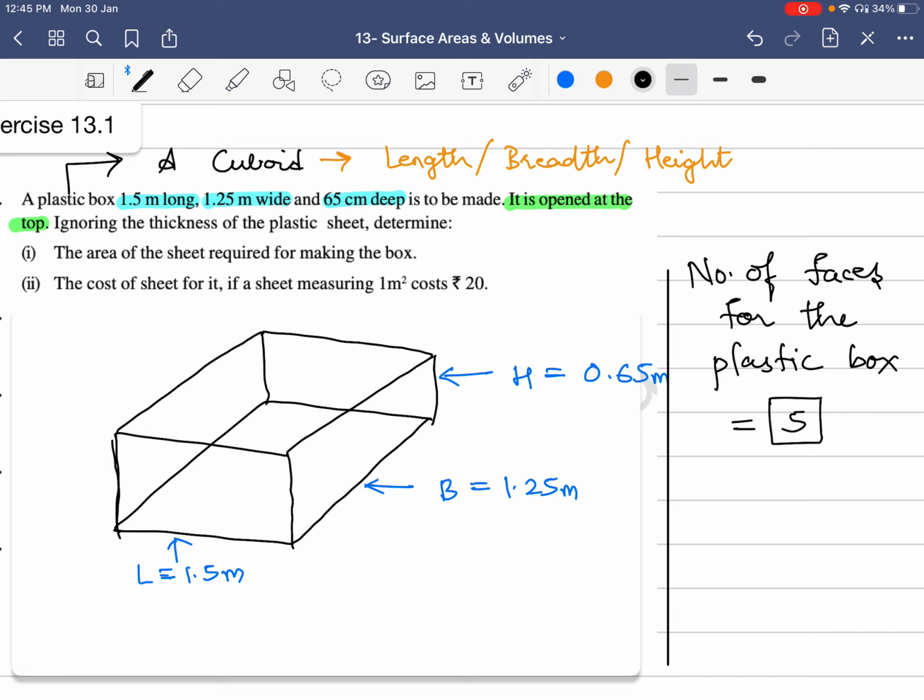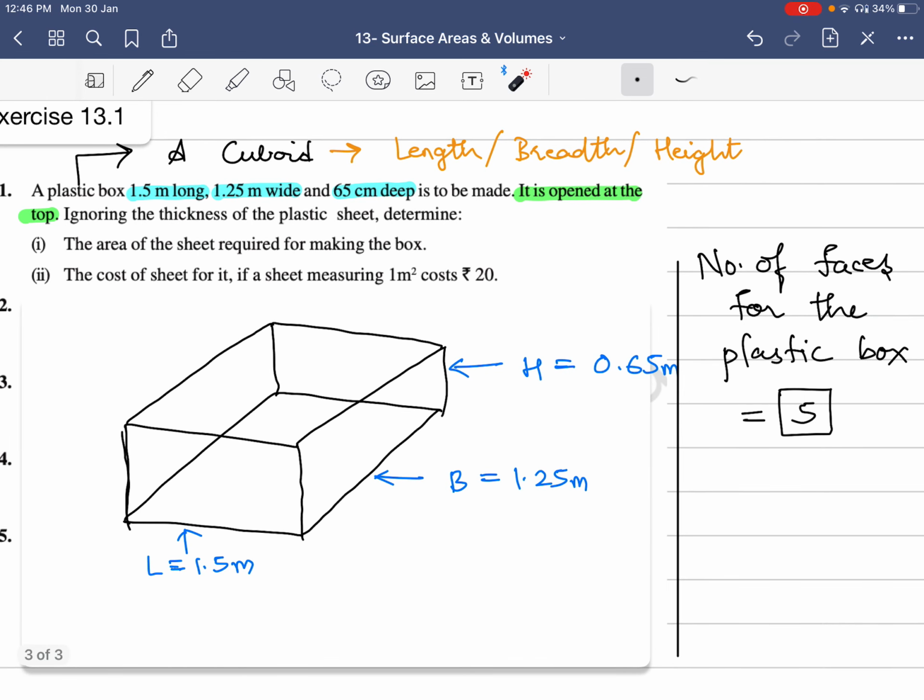The number of faces that the plastic box will have is 5, which means the formula that we use to calculate the surface area of the cuboid cannot be directly applied in this problem, because that formula assumes that there are a total of 6 faces for the cuboid, which is the general or normal case. But in certain problems, if it is mentioned that it is open at the top, then you have to be very careful and understand that there are only 5 faces that the cuboid will have.